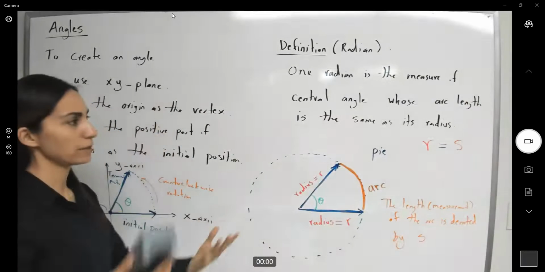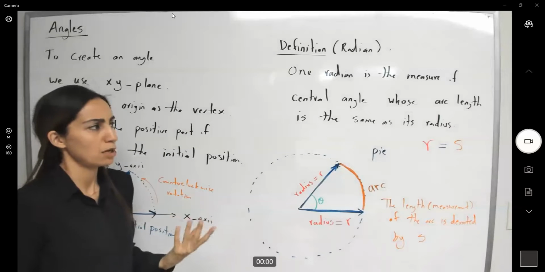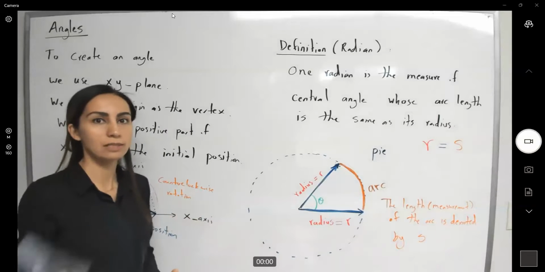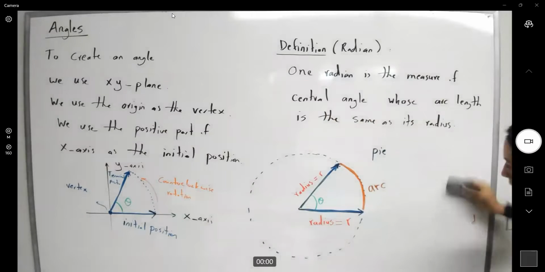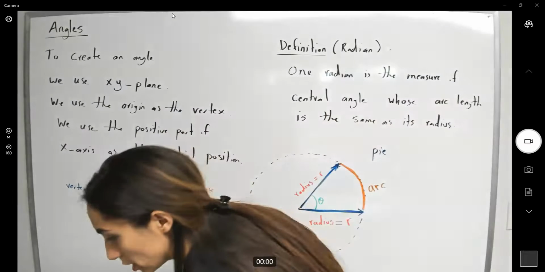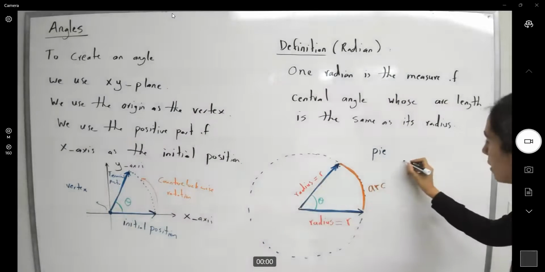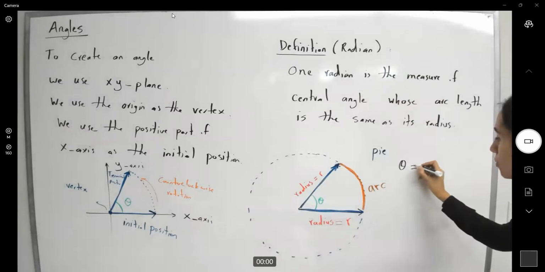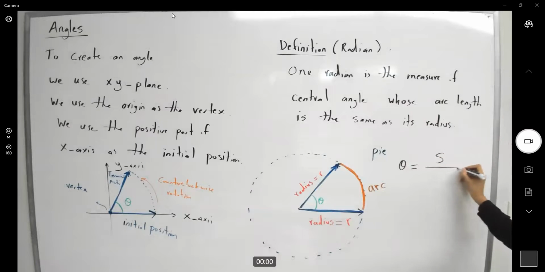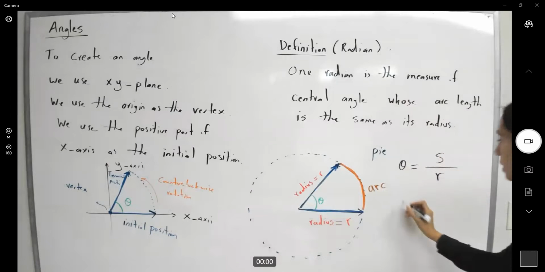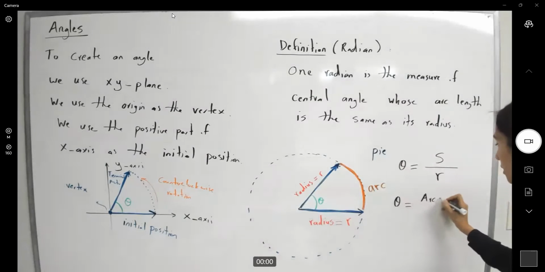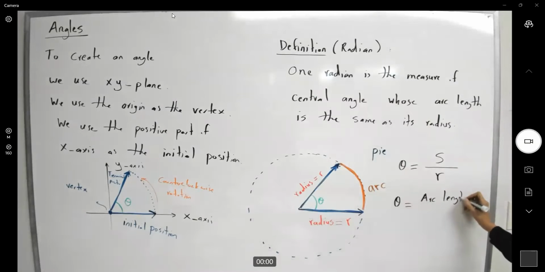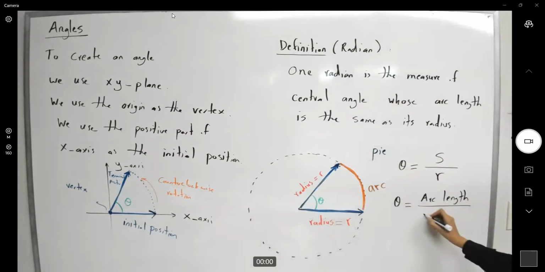Well, I expect you to ask, what if I want to find the rest of the radians? This time, you're just going to do the division. You write theta equals S divided by R, or theta is equal to the arc length divided by the radius.